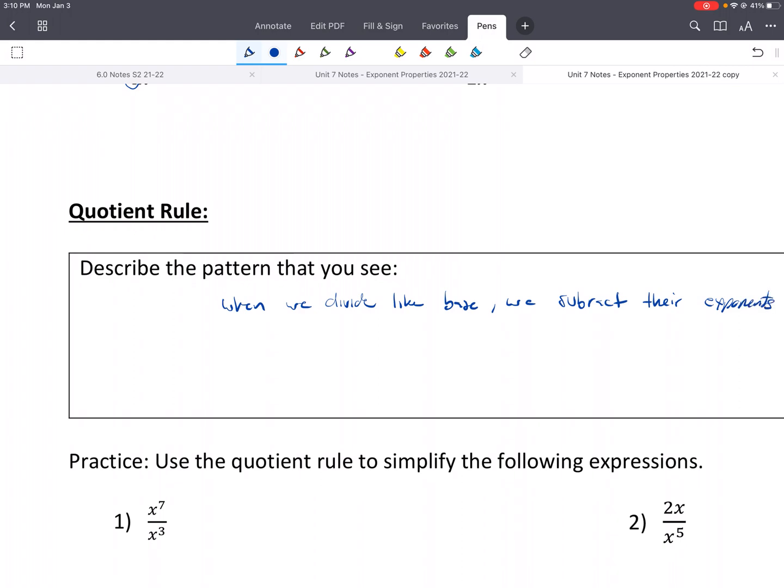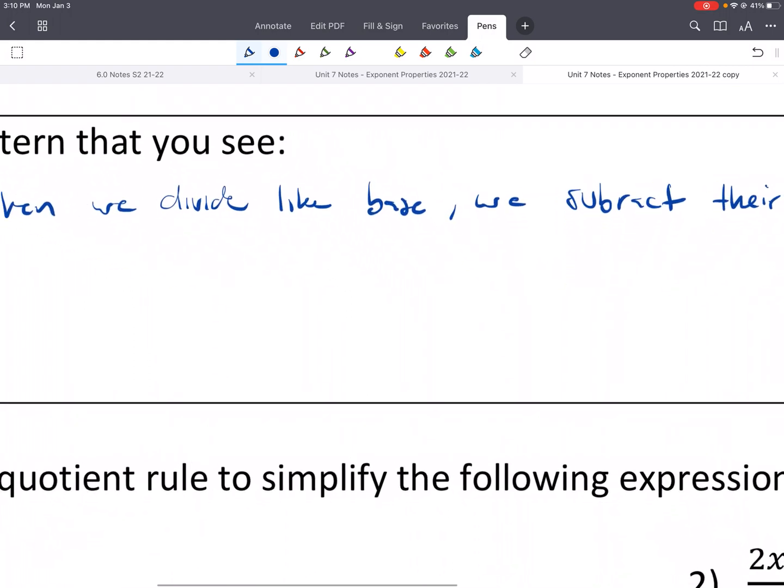Okay? So if you have something like x to the a over x to the b, that's the same as x to the a minus b.